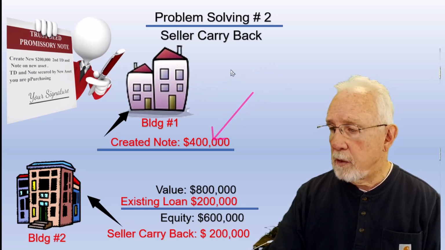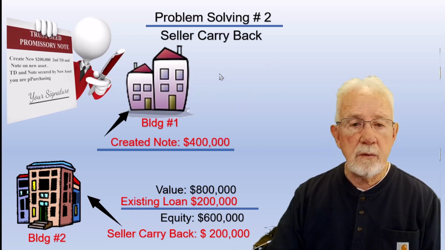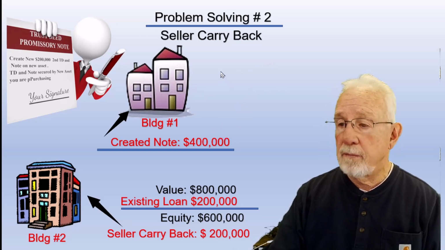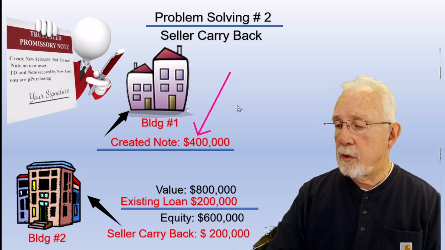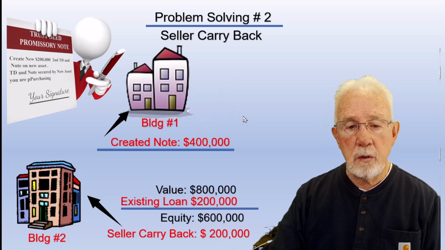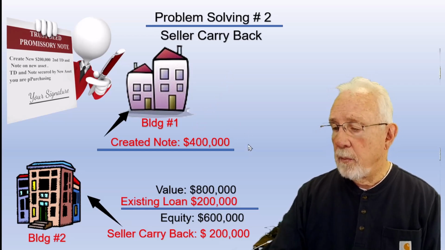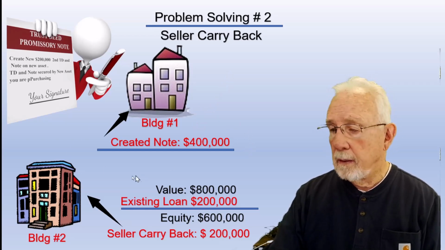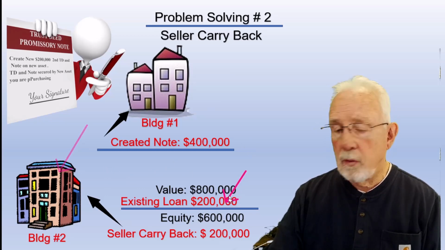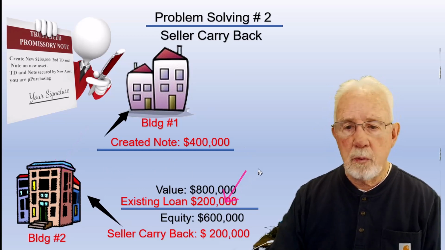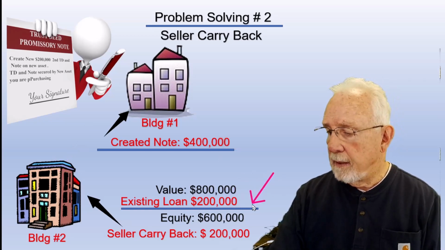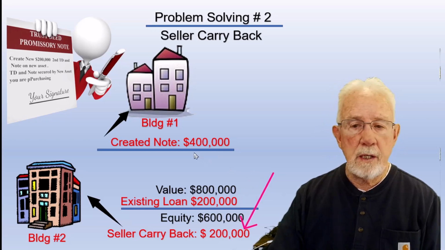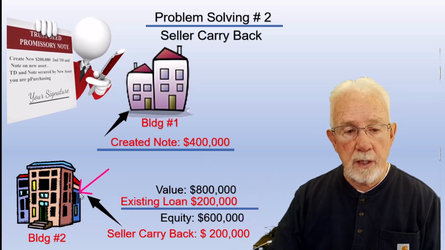Well, we know on this building that we own, we have a $300,000 mortgage in first position, and they will be in second position with a $400,000 created loan. And we want to buy this building, and it has an existing loan of $200,000. Remember, we're going to take that subject to, we're going to agree to pay it, but we're not going to assume it. And then we're going to ask the seller to carry back $200,000 on their building.